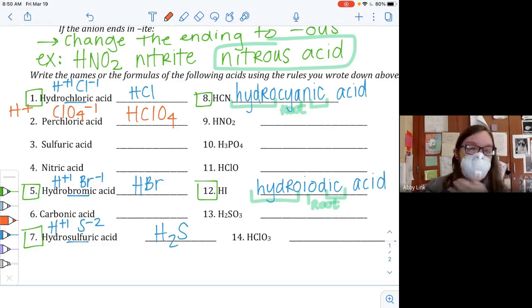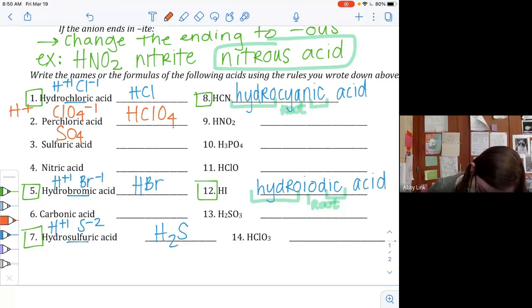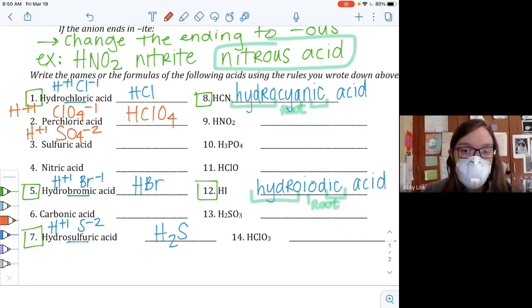All right, sulfuric acid. Again, I'm looking for something that has sulfur in it in the polyatomic ions, and I'm looking for something that ends in ATE. I find sulfate, SO4, yep, -2. And then I need to think about how many hydrogens I need to balance that out. I know I'm going to need 2 hydrogens there.